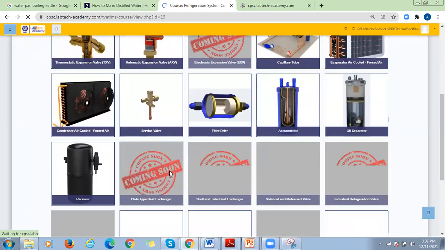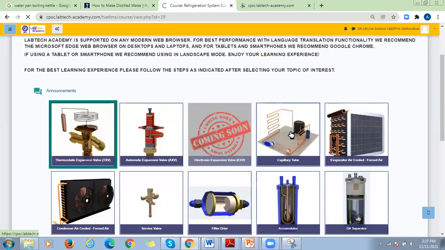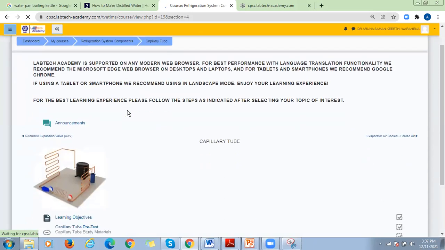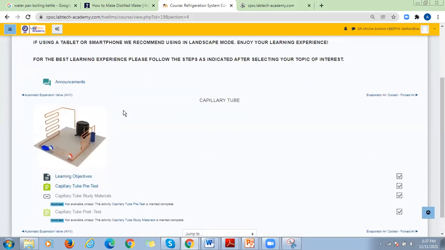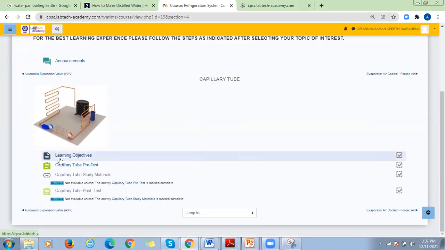So we can discuss the components, let's say capillary tubes. You have to learn this. There are steps and learning objectives.